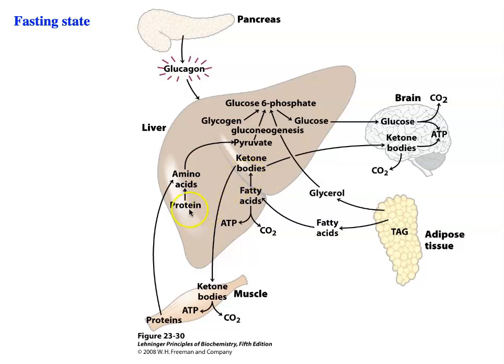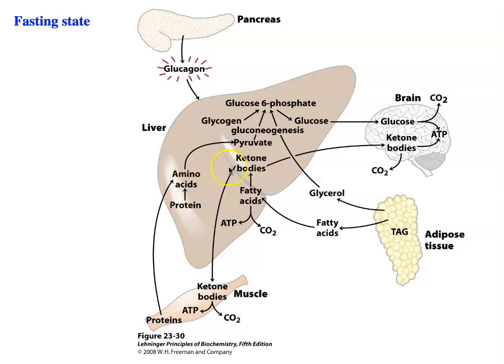Now the amino acids are also a source of energy under such conditions. So proteins in the liver or amino acids in the liver will be degraded to various products. Well, there are two types of products, if you remember. One type of products will go for the generation of glucose 6-phosphate and glucose for the blood, and the other type of products will be used for the generation of ketone bodies.